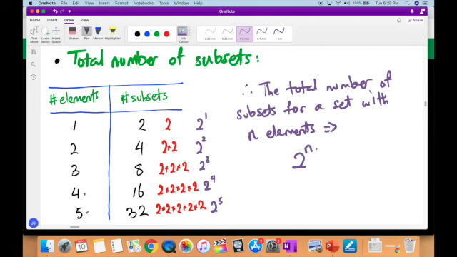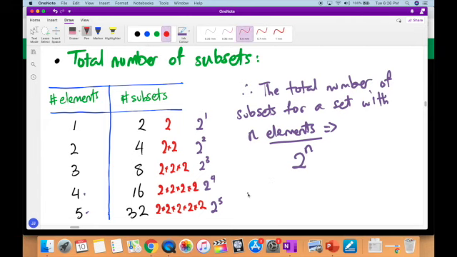Yeah? So 2 to the power of n, where n is the number of elements in the set. Right? So if I had a set with 8 elements in it, how many subsets would there be? 256, which is 2 to the power of 8.